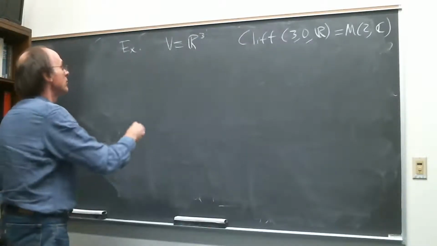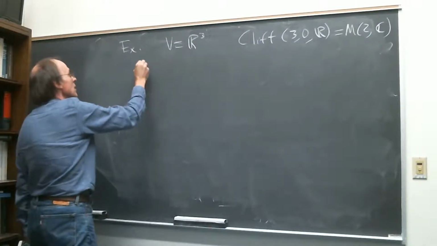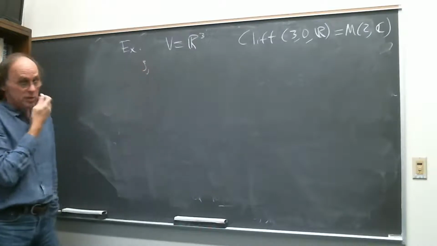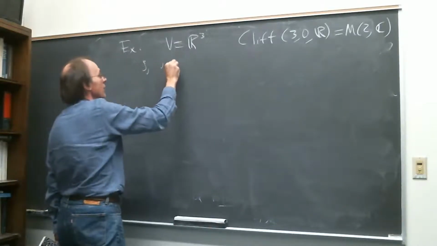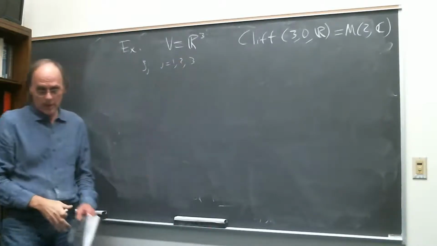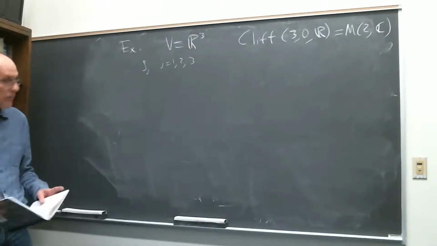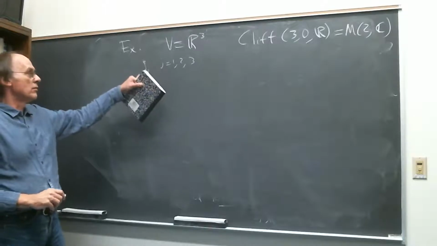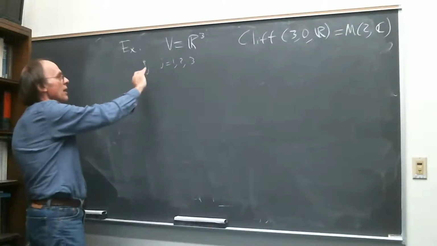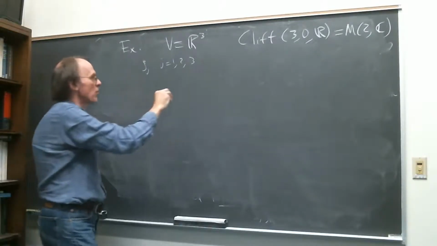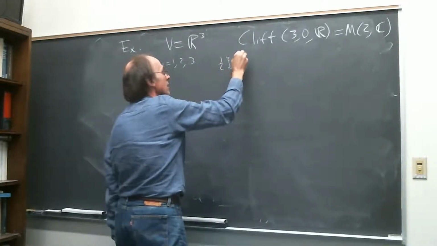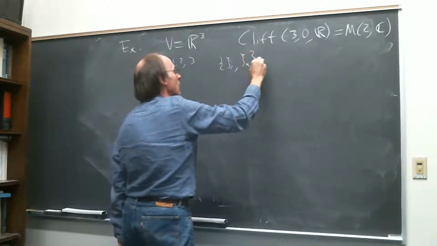We have the psi_j, where j is equal to 1, 2, 3, and they satisfy the relations. Anyway, they have this Poisson bracket.